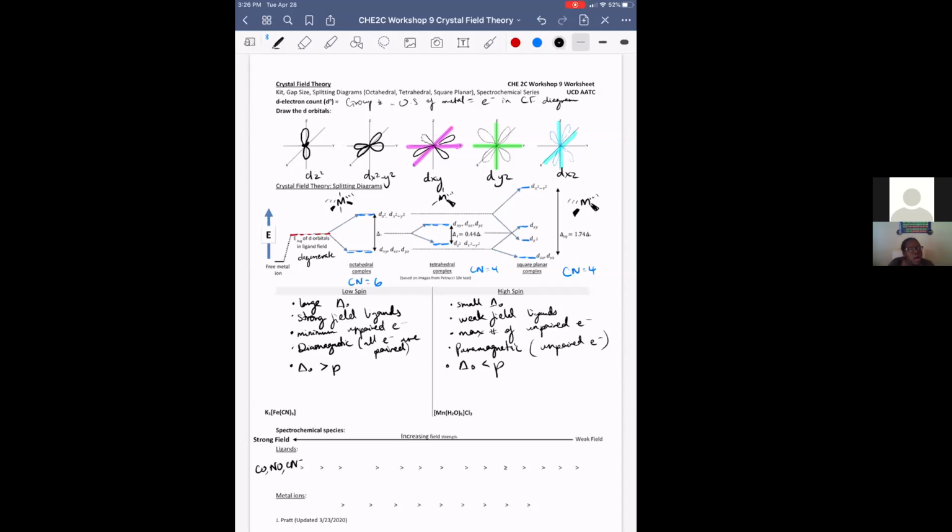Those will be our strongest strong field ligands. And then we have NO2 minus, we have enamine, we have pyridine, which I'll abbreviate as PY, and ammonia, NH3.